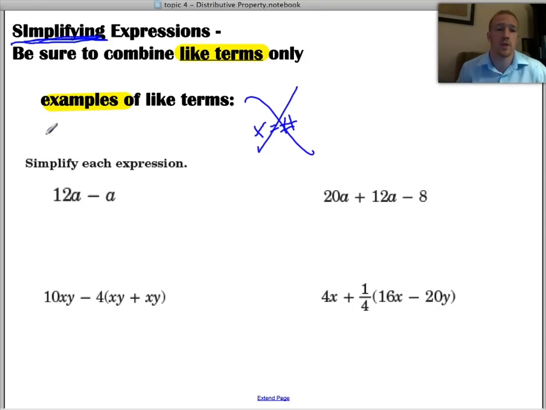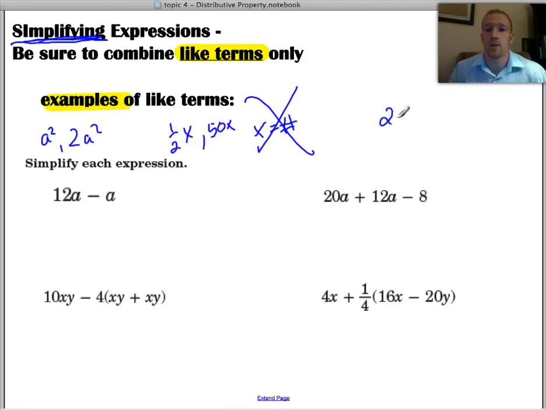So example of like terms, a squared and 2a squared. 1/2 x and 50x, those because they have the same variable and same exponents. So not like terms would be like a 2x and a 3x squared. Because this has an exponent and this does not, these are not like terms.